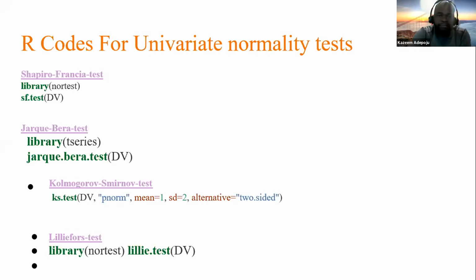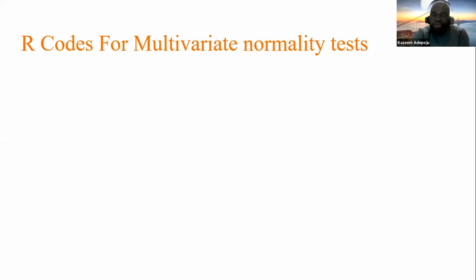The next thing that we want to talk about is the R code for multivariate normality tests. I've walked you through univariate normality tests, and I want to walk you through multivariate normality tests. We started the multivariate normal distribution the other time.